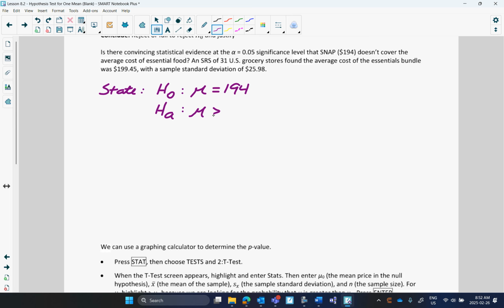What we're testing is whether it's actually larger than 194. Where mu is the true mean price of SNAP benefits.